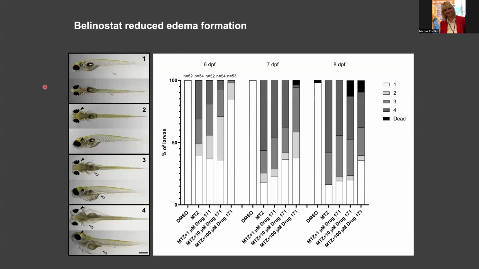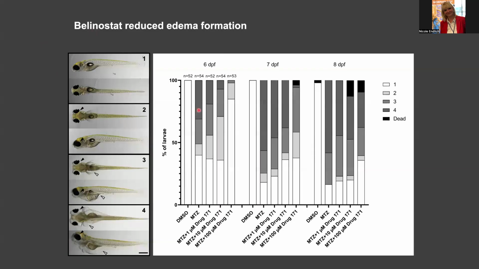And we had 3 different readouts. Two were the fluorescence readout, as well as edema formation, which is shown here. If the larvae are highly affected, then you have a severe pericardial edema, as well as around the eyes. And then you collect and count how many animals react.